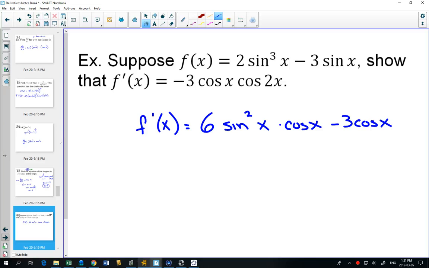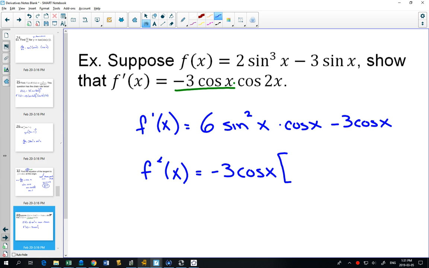Now, in a show that question, where you want it to look like this, often the answer provides hints of what to do next. In this case in particular, it's really hard to see what to do next. But the fact that I see that this is all multiplying, and I have a minus 3 cos x times cos 2x, I'm just going to see what happens if I factor out a minus 3 cos x.